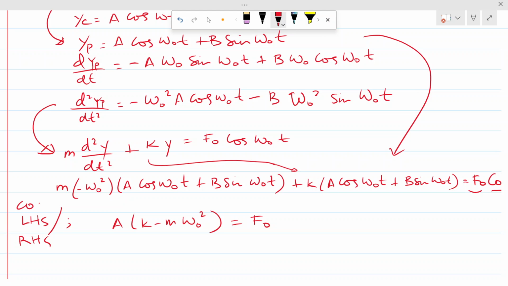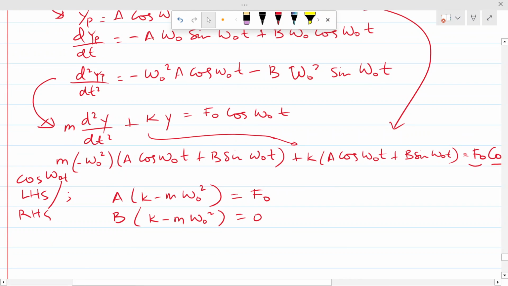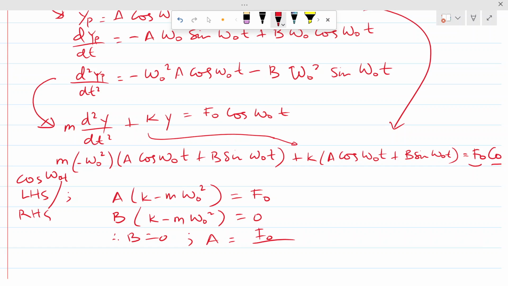So we compare cos w naught t on the left with the right, and for the b part, k minus m w naught square, however, equals 0, therefore b equals 0, and a will equal f naught divided by k minus m w naught square.